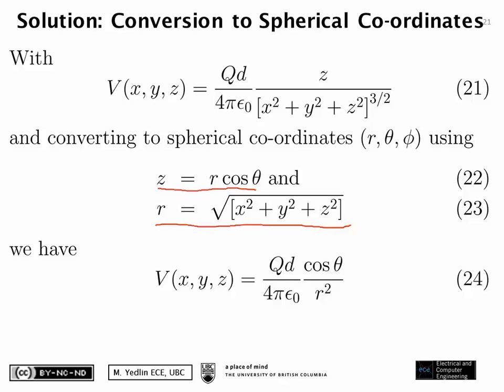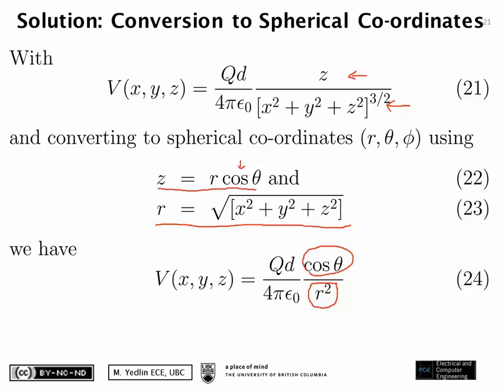So we just substitute in simple algebra. The r from the numerator here cancels one of the r cubes down here, and the cos theta's up here from this part of 22. And down here we don't have r cubed, we have r squared because of the cancellation that I just mentioned. So now we're finished. We have the potential of a dipole in spherical coordinates.